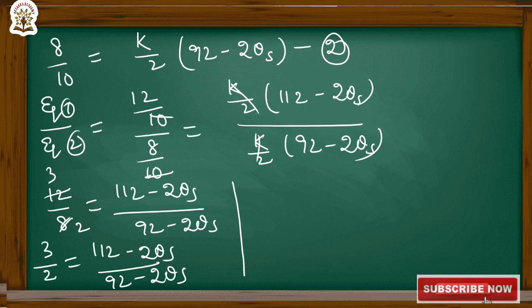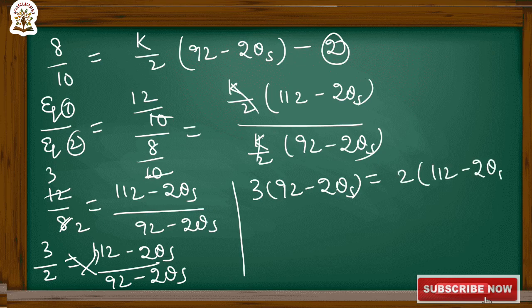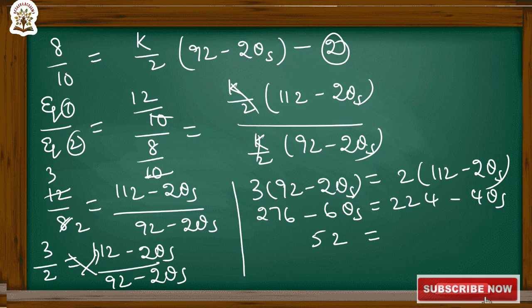Now taking cross multiplication, 3 into (92 minus 2 theta s) is equal to 2 into (112 minus 2 theta s). So here 92 into 3, 276 minus 3 into 2, 6 theta s, is equal to 112 into 2, 224 minus 2 into 2, 4 theta s. 276 minus 224, 52. 52 is equal to 6 theta s minus 4 theta s, 2 theta s.